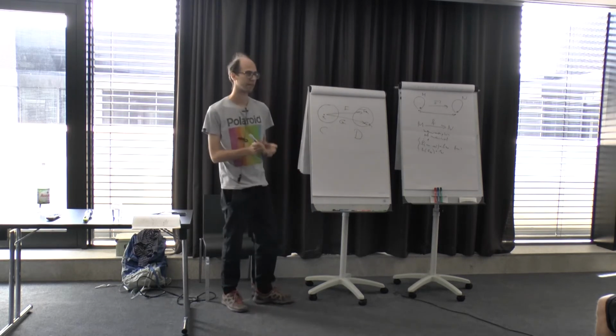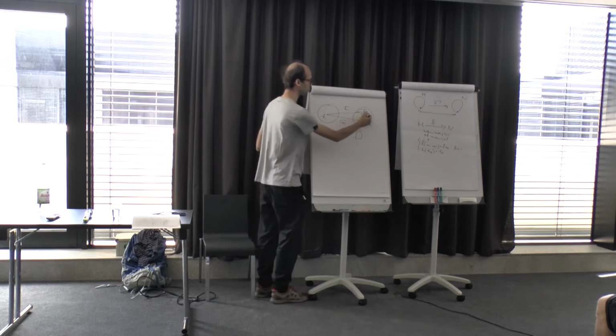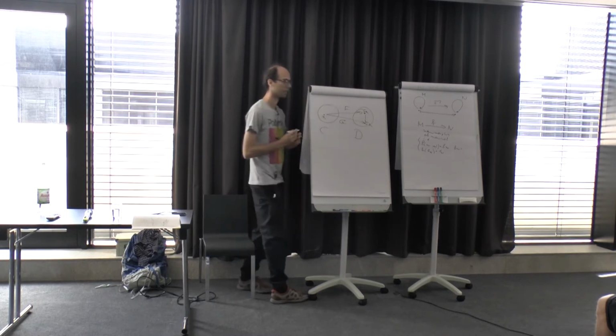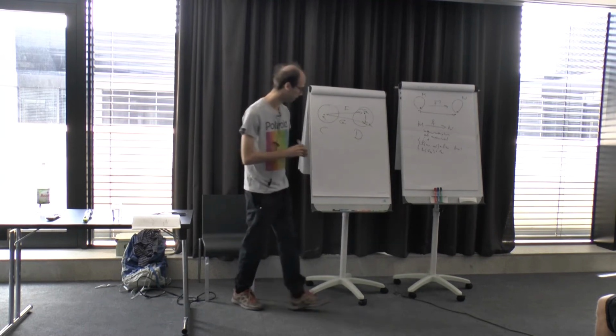Because we are in a categorical setting, we could ask for arrows from F of A to G of A.